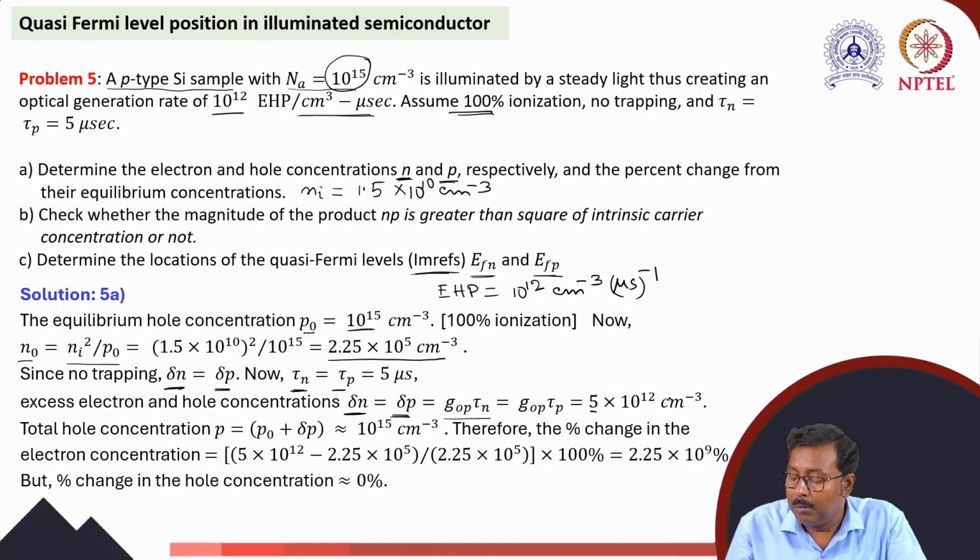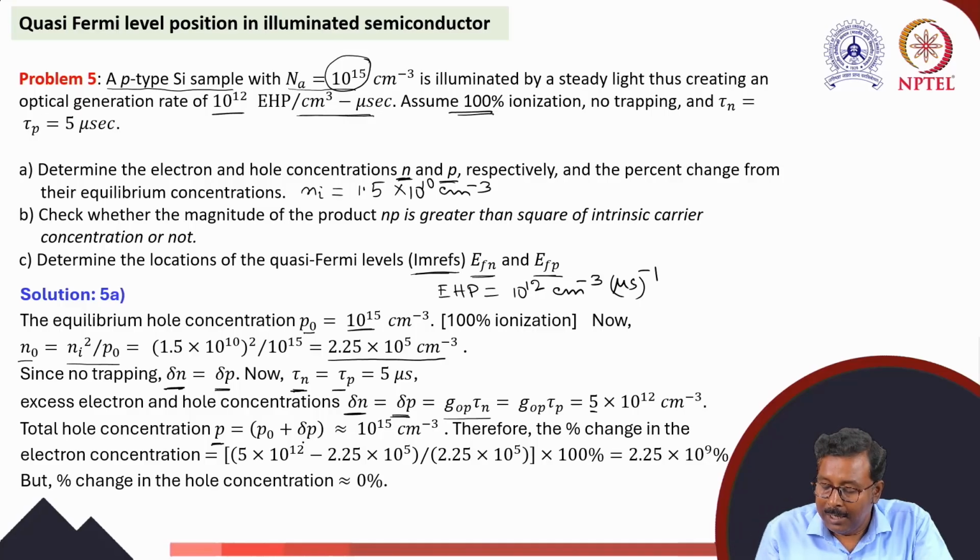So per 1 centimeter cube volume, you will get 5 into 10 to the power 12 extra electrons and 5 into 10 to the power 12 extra holes. So these delta N and delta P will be added to the equilibrium value. So P, that is the hole concentration after generation, will be P0 plus delta P. Delta P is 5 into 10 to the power 12 and original P0 value, that is 10 to the power 15.